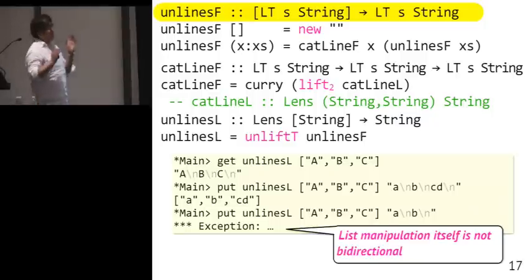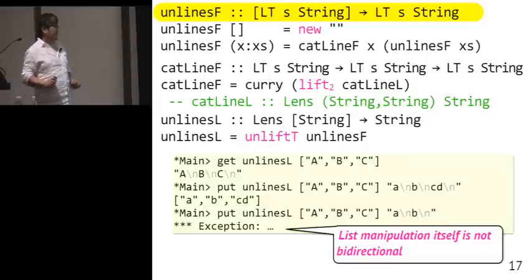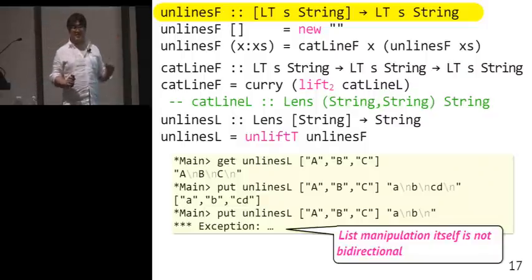What is important here is that the list occurs outside of the LT type. Recall that LT types are the only bidirectional thing in our framework. So this list and list manipulation itself are not bidirectional in our framework, so we cannot change the length of the list. This is the limitation of our framework. There is a trade-off between programmability and updatability.